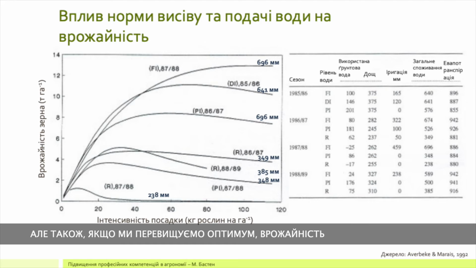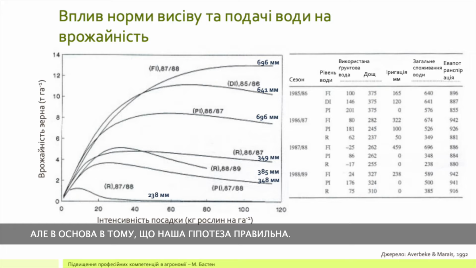But also, if we exceed the optimum, there's a decrease in yield because there is not sufficient water to support the crop. And then, of course, the grain setting and so on suffers the most. And even with a higher seed density, we get a reduction in yield.